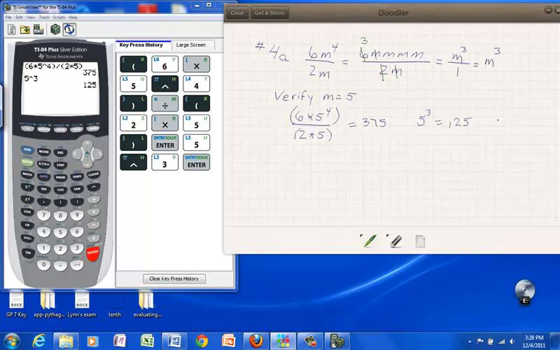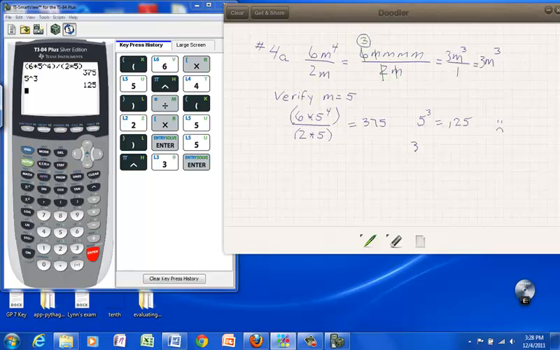Well, this does not check. So let's go back up and look at our work. I like this step, and I see that what I've missed here is this 3 didn't show up in this fraction over here.